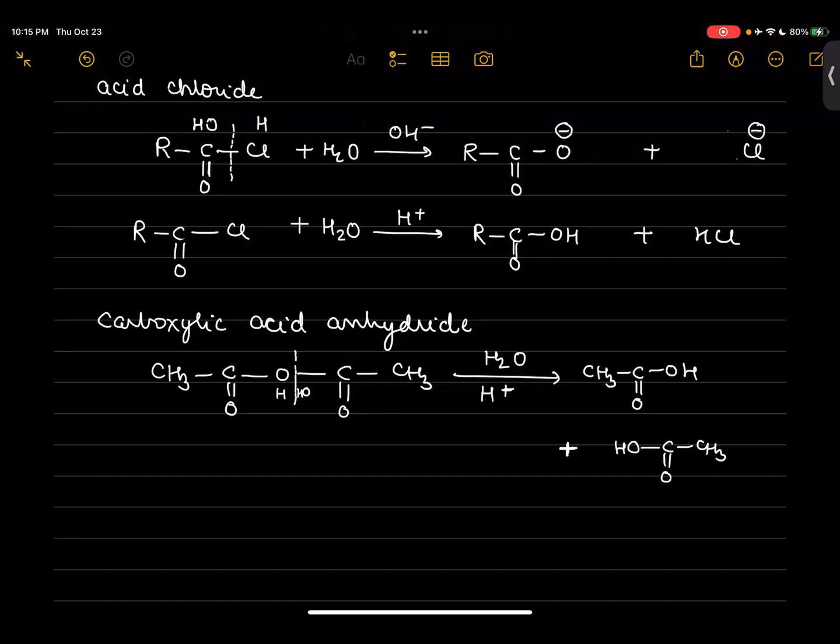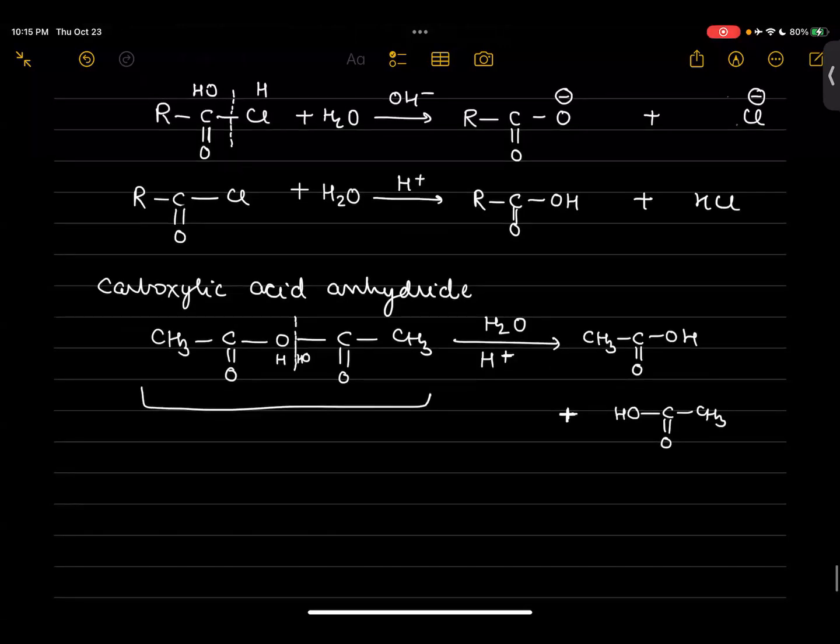What is the name of this anhydride? Can you name it? Tell me.